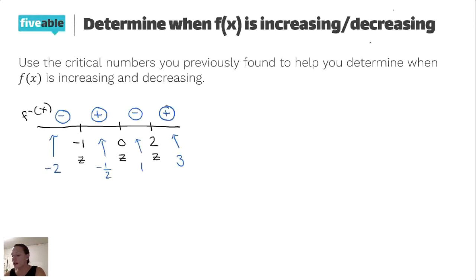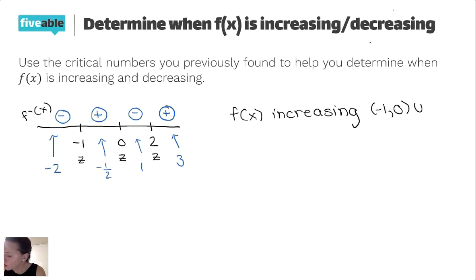Okay, so when my derivative is positive, it means that f of x is increasing. So really this comes down to language, but it's the same information we already found. I am looking for where f prime of x is positive because that means the same as when f of x is increasing. So f of x is increasing from -1 to 0, union 2 to infinity.